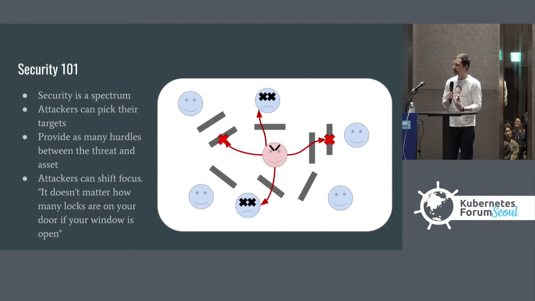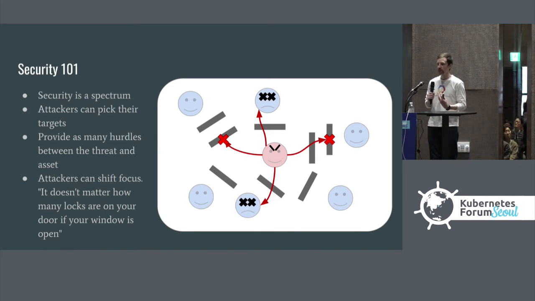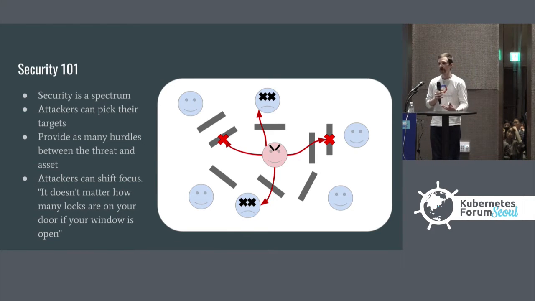Another thing that we need to understand is that attackers can pick their targets. This is part of the idea that there's an attacker's advantage to security. Usually people say something like attacker's advantage, defender's dilemma. Essentially that means that attackers have an advantage over defenders when you are thinking about security related to software.